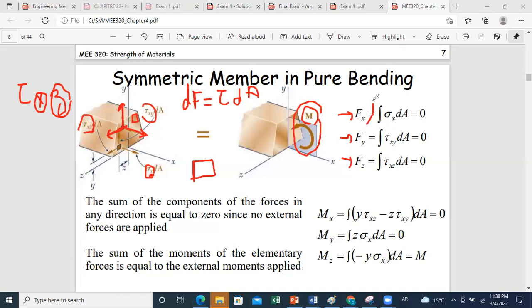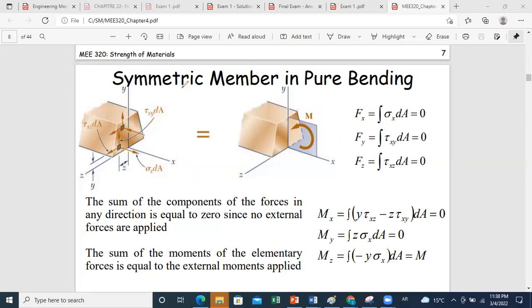And Fx is due to what? If we want to compute how Fx can come about, a force developed in X is the integral of elementary force along X, and these elementary forces are due only to the normal stresses.